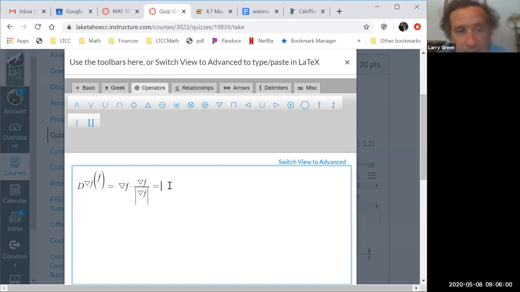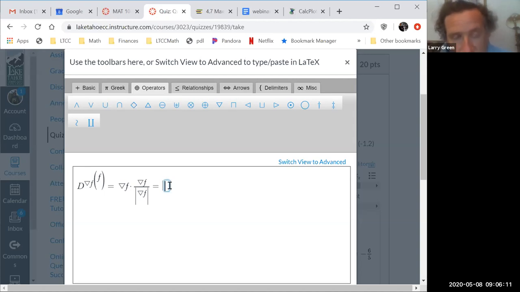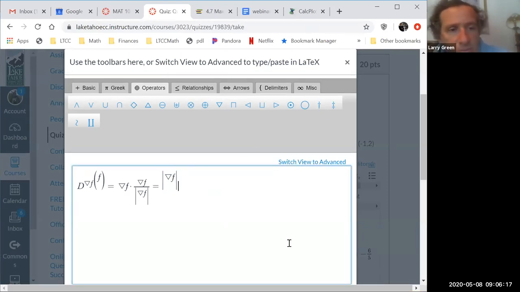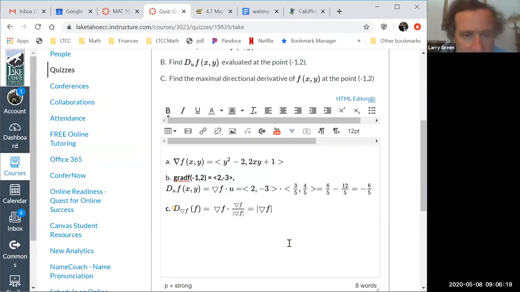But if you take the gradient of f and dot it with the gradient of f, you get the square of the magnitude. So that's just the magnitude of the gradient of f. Now, you don't have to do this proof, but I figured I might as well prove it because it makes the calculation a lot easier.